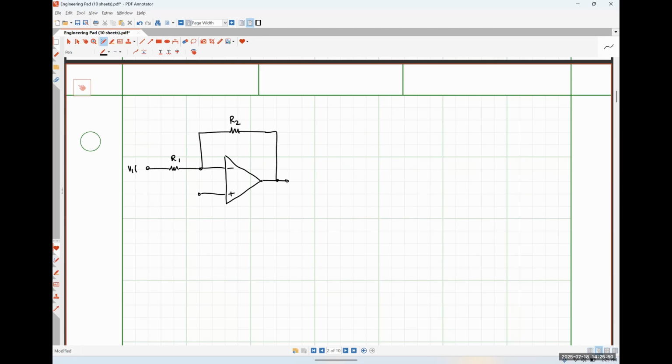And here is an input signal, V1. And then on the non-inverting input side, I am going to apply a little resistor circuit. I'm going to call this R2 as well, and this will be another R1, and this will be V2. And over here on the output, we have V out.